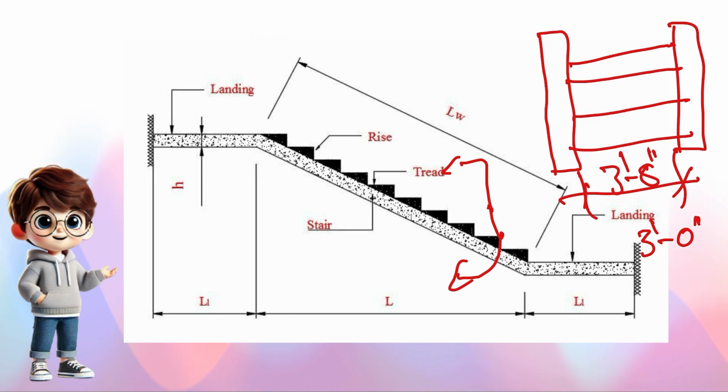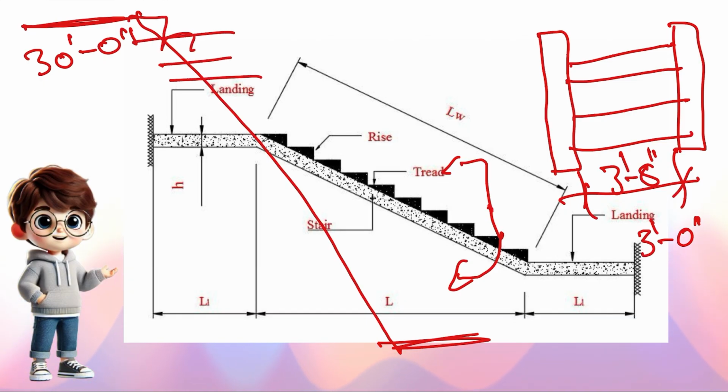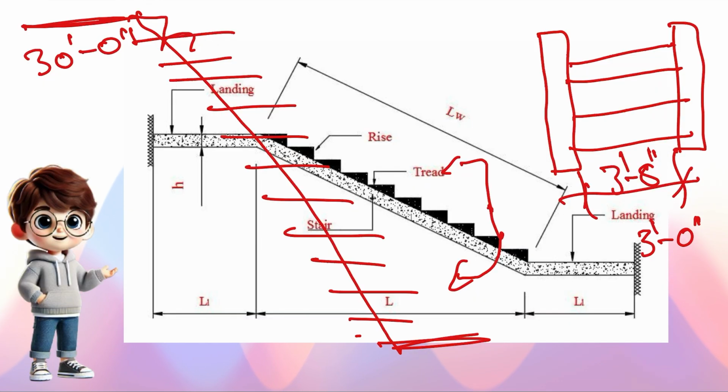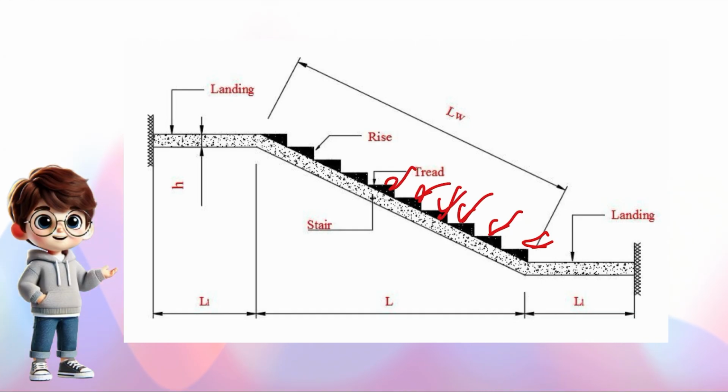Now for example you want to climb up to 30 feet from 0 feet, and the designer asks you to provide a stair. You can't provide any number of steps you want. He can't climb the stairs continuously. There should be some halting point after some portions, right?